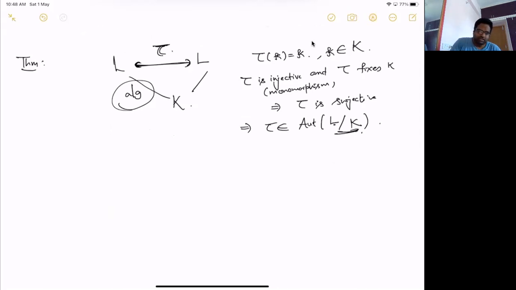In order to do that, pick... So certainly tau is a ring homomorphism. Therefore, tau of 0 is equal to 0.